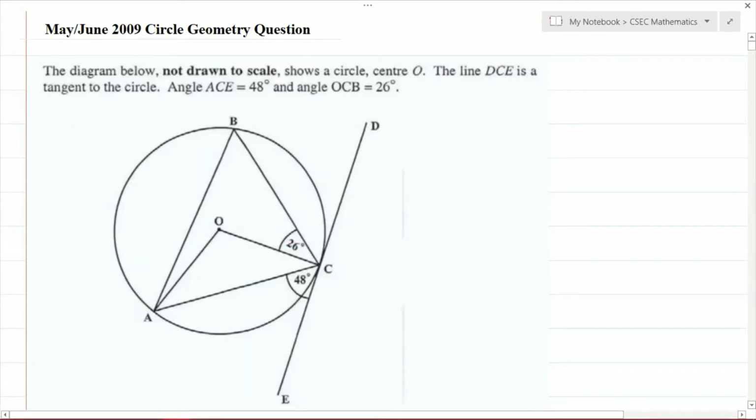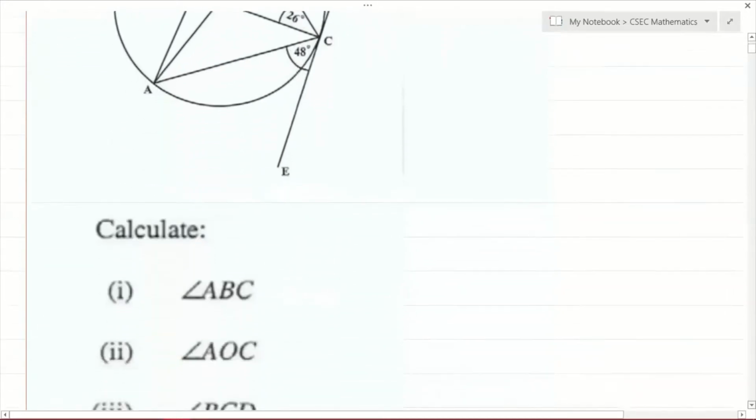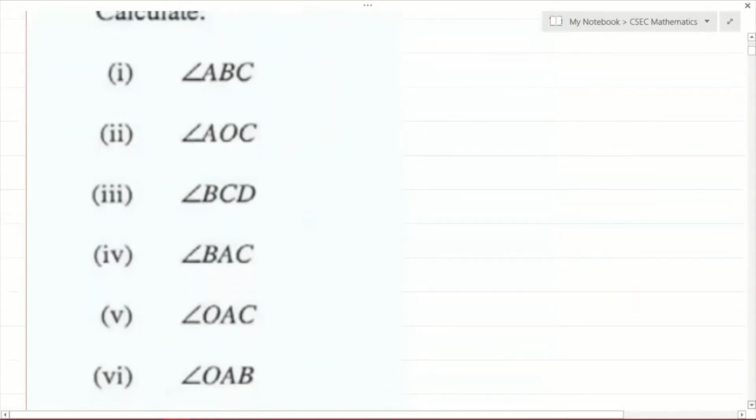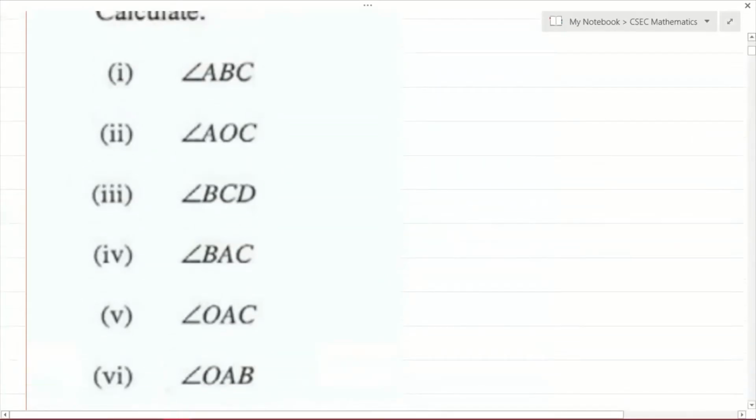They gave us that, and they have asked us to calculate 6 angles. Let us do the first one here. The first one says to calculate the angle ABC.